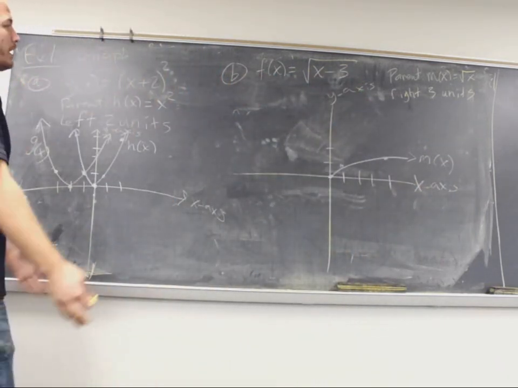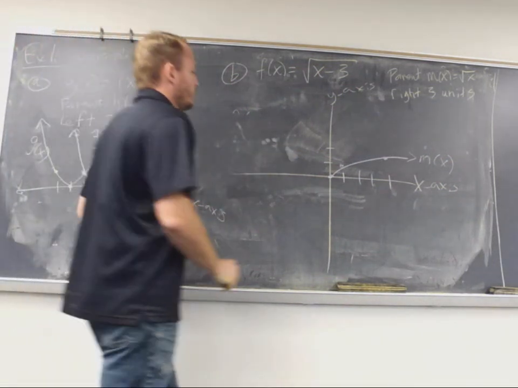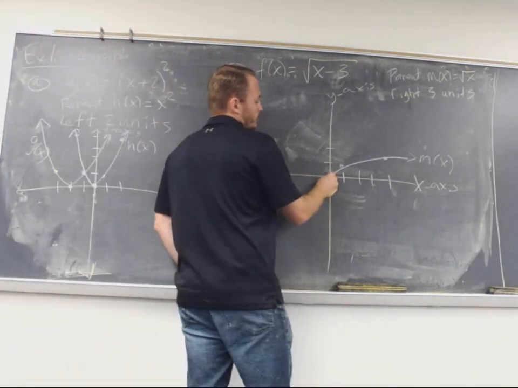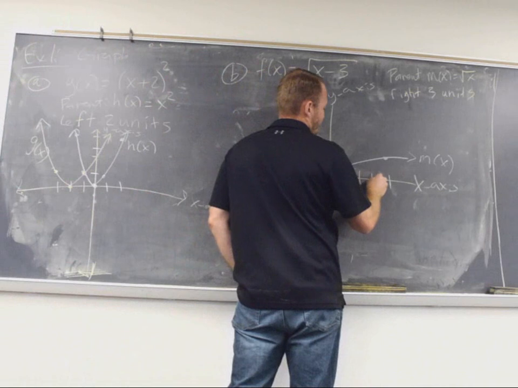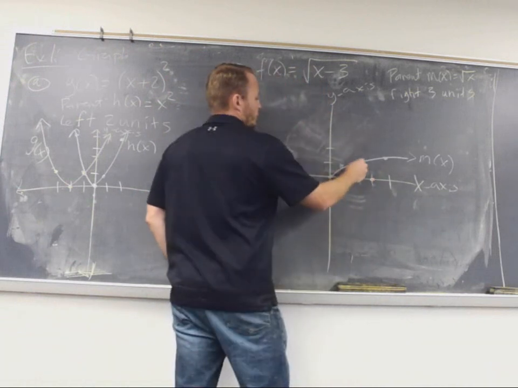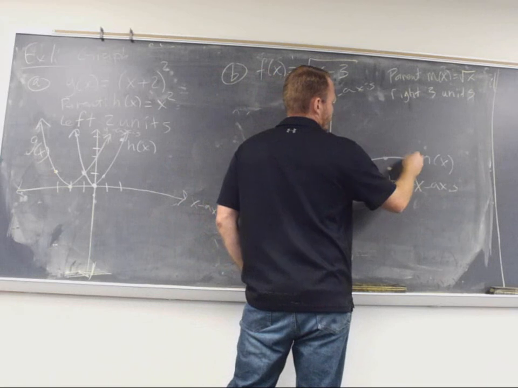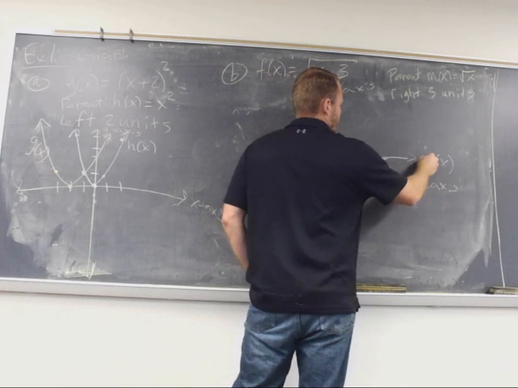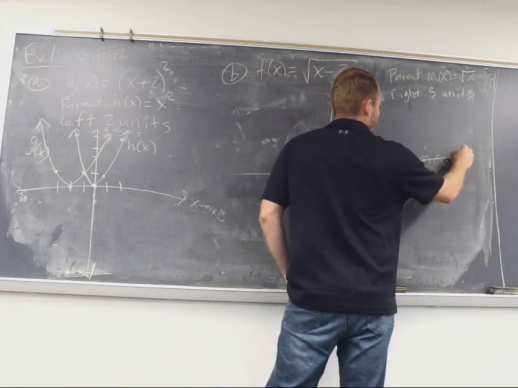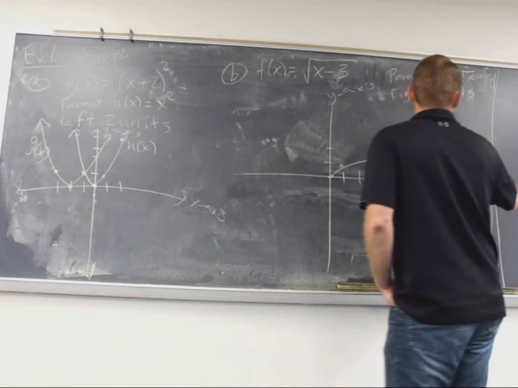Now we apply our shifts. We go to the right 3 units. We take each point and move. 1, 2, 3. And here is your f of x.